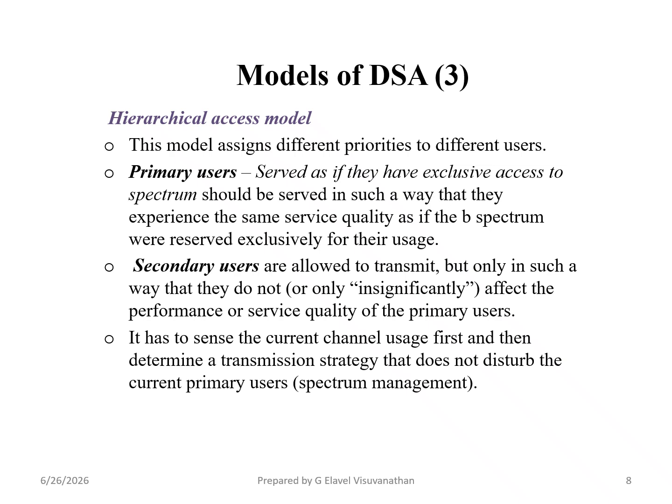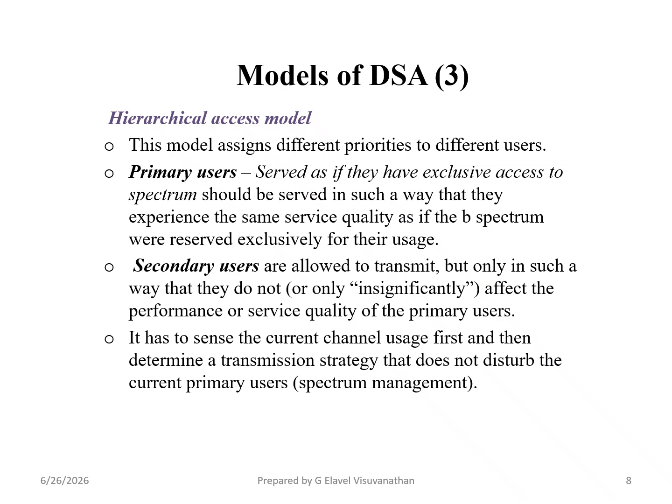The secondary user is also allowed to transmit, but only in such a way that they do not affect the performance or quality of service of the primary user. It has to sense the current channel usage first, and then it can determine a transmission strategy that does not disturb the primary. So this is nothing but hierarchical access.